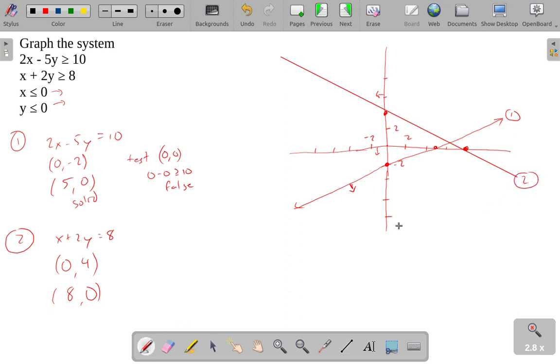Alright, call that line 2. Let's figure out which way we'd shade on this one by testing, you guessed it, the origin. 0 plus 0 is greater than or equal to 8. I'm plugging 0 in for both x and y. We get 0 is greater than or equal to 8 is false, which means we'd want to shade away from the origin.